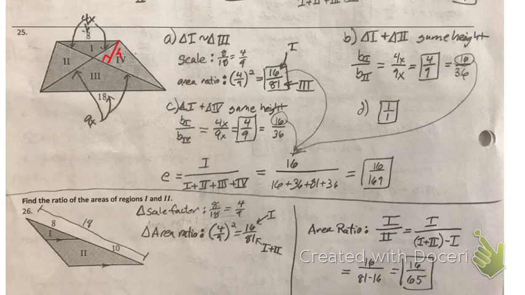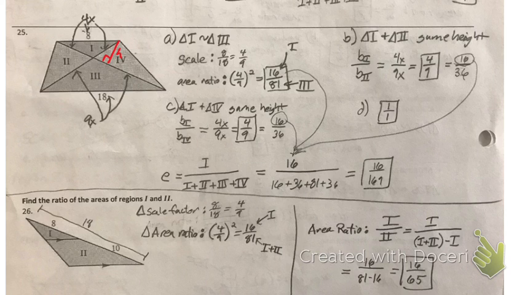But we have to realize something. In A, my region 1 is 16. In B, my region 1 is 4. You can't come down here and put 16 and 4 in the same spot. Your region 1 must be consistent on all three of these. So to make it consistent, my 1 is 16 here.